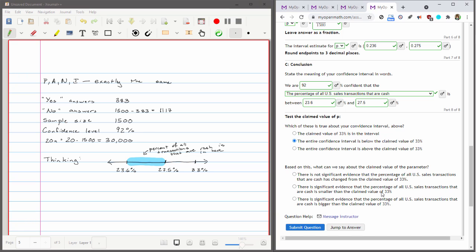There is significant evidence that the percentage of all US sales transactions is smaller than the claimed value. So that last conclusion step is to say, we think the true value is in the interval. Everything in the interval is less than 33, so we think the true value is less than 33. Right, and there are 3 ways that this can go down.